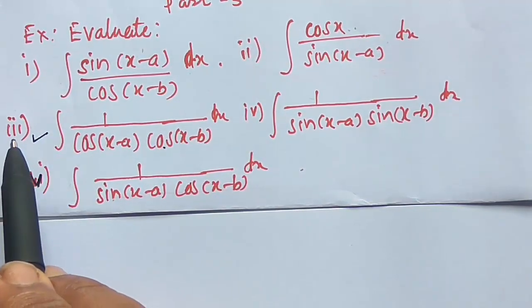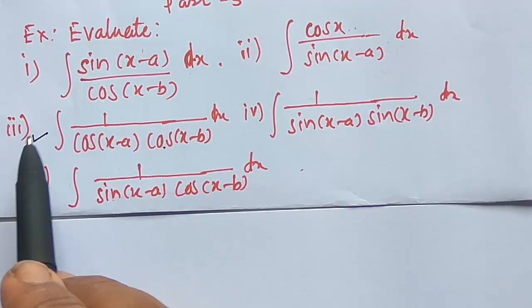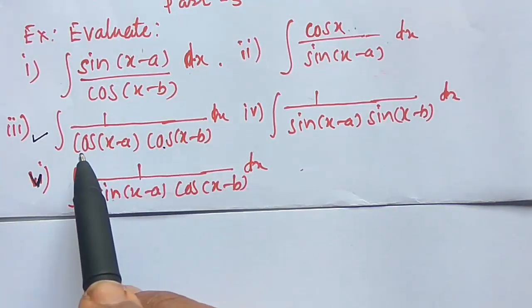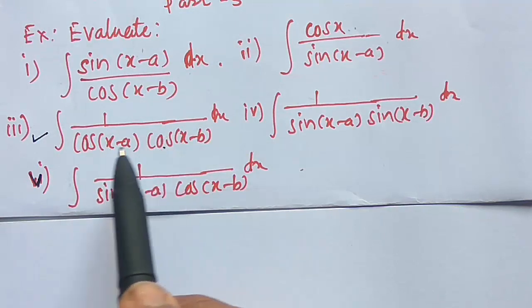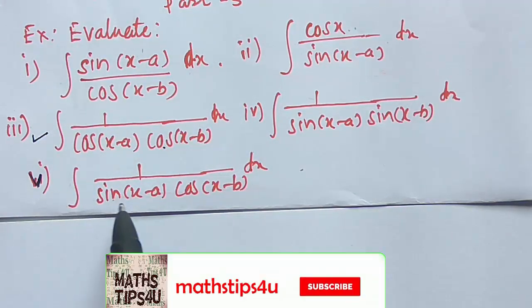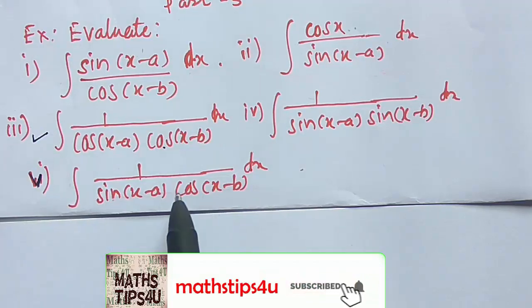Now, in examples number third and fourth, in the denominator there is cos cos and sin sin, but in the fifth example it is the combination of sin and cos.